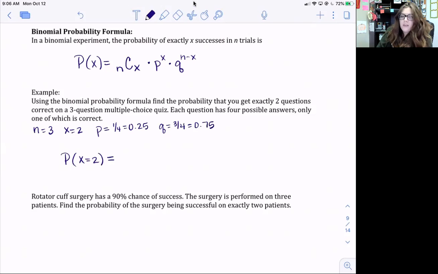If we plug that into our formula, we have 3 choose 2 times 0.25 to the second power times 0.75 to the 3 minus 2 power, or we could just replace that with a 1. Plug that all in your calculator, and remember our round off rule is 3 decimal places, we get approximately 0.141.